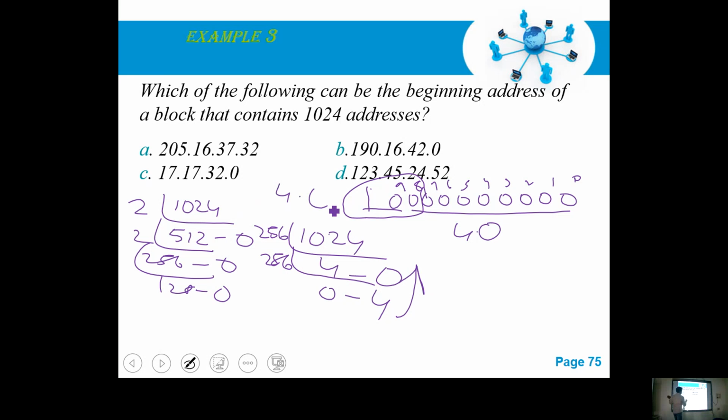So I need to write 4.0. If I have to write 1024 in dotted decimal, I need to write 4.0. If I have 2048, 8.0. Okay. 4096, 16.0. Okay, like that you need to consider.